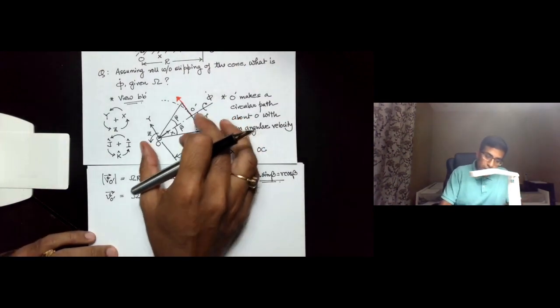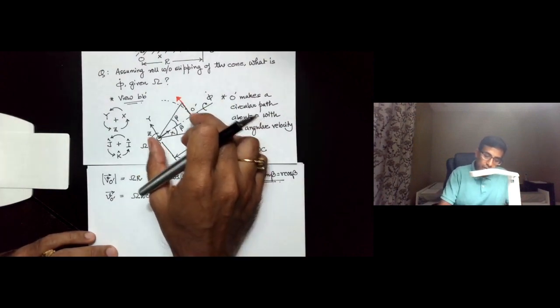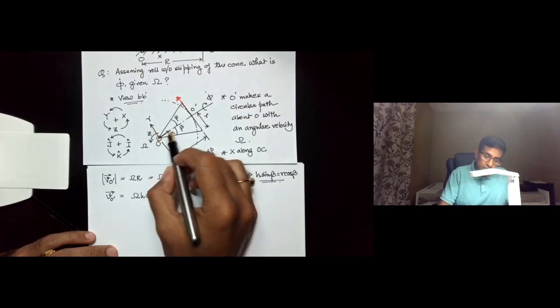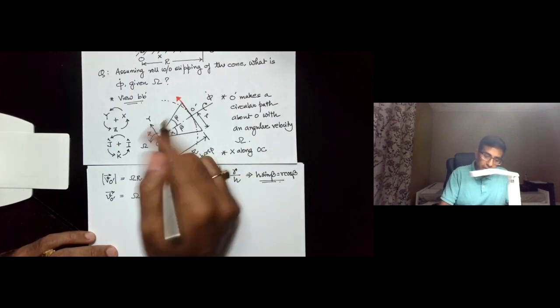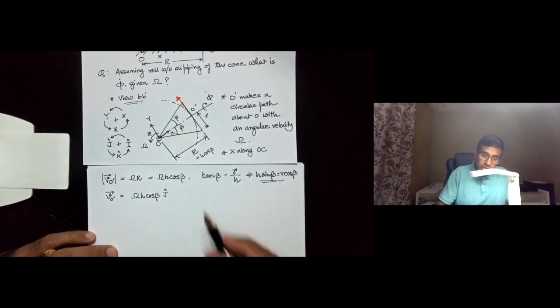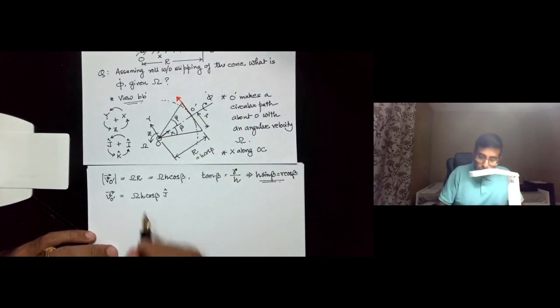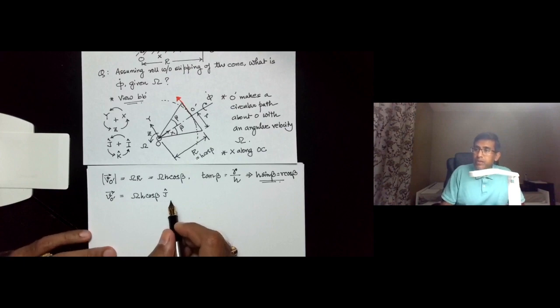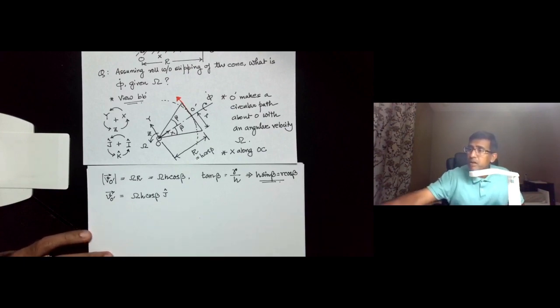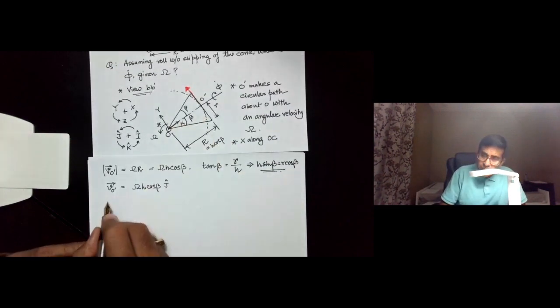No matter in what orientation the cone is, because this is a rotating coordinate frame, so it turns with the cone, and so the velocity of O prime will always remain in the direction of y. So that's going to be the representation of the velocity of O prime at any instant, right?